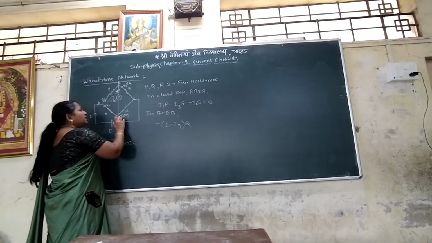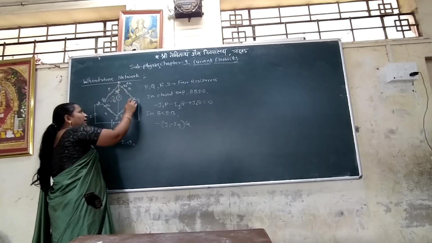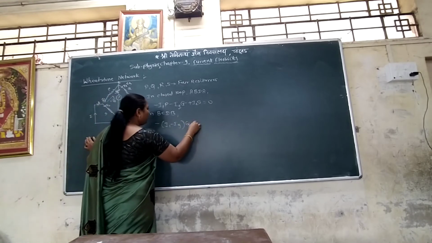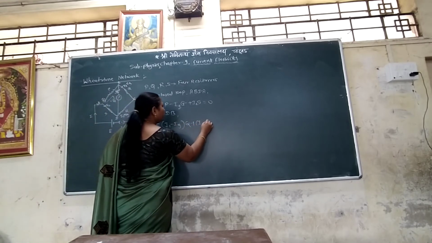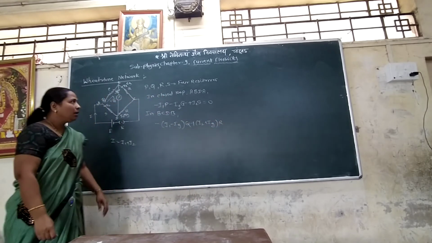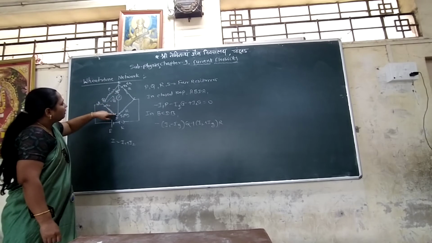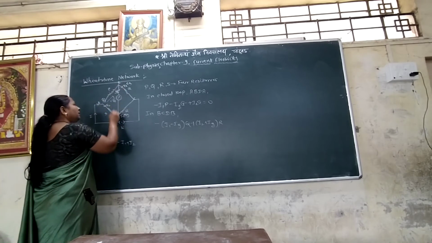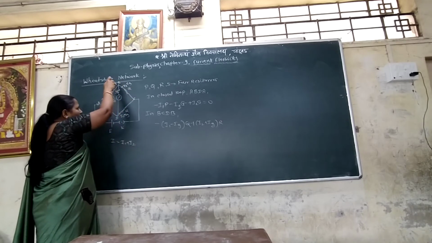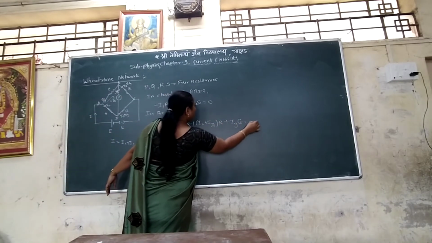The loop is considered as B, C, D, B. The current flowing in the opposite direction is taken as positive: plus I2 plus IG into R. The galvanometer current flowing in the opposite direction is taken as positive: plus IG into G is equal to 0.